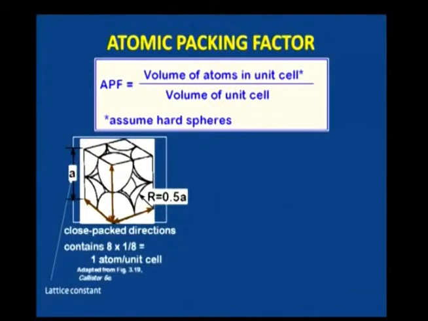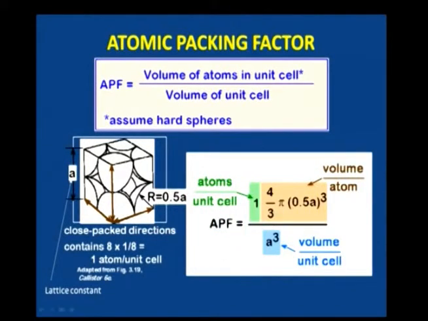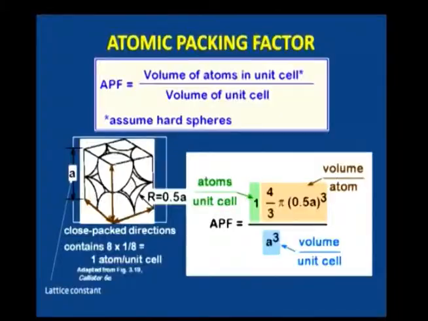Therefore, you have to put these things in now. The effective atoms per unit cell, as I told you, is only 1. For simple cubic, how many atoms have you got? The effective number of atoms or lattice points will be 1. The volume of the atom will be 4 by 3 pi R cube. What is R? R is 0.5 times A, right.